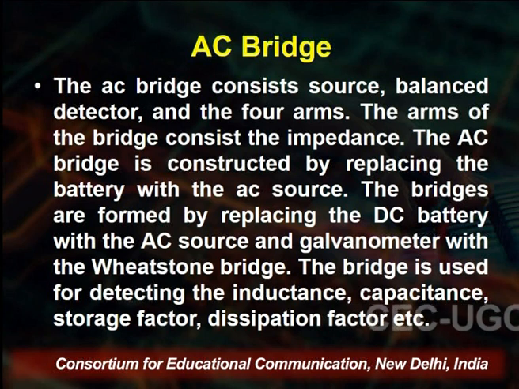The AC bridge is constructed by replacing the battery with an AC source. It means when we talk about the AC bridge, we use the AC source. So the bridge formed by replacing the DC battery with an AC source is an AC bridge. As you know from the laboratory, the galvanometer is used with the Wheatstone bridge experiment, and there we use a battery, while here an AC source.